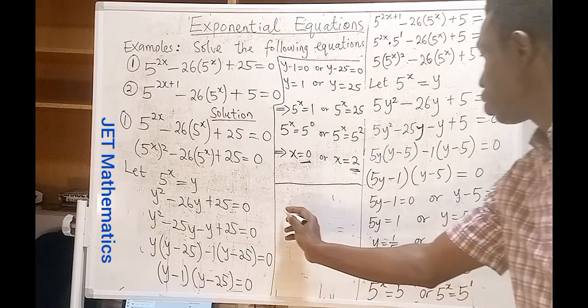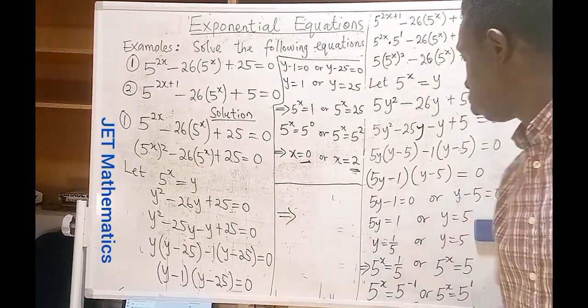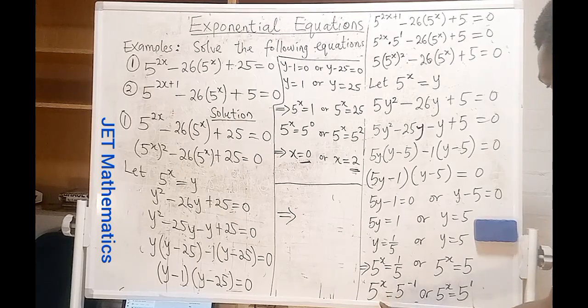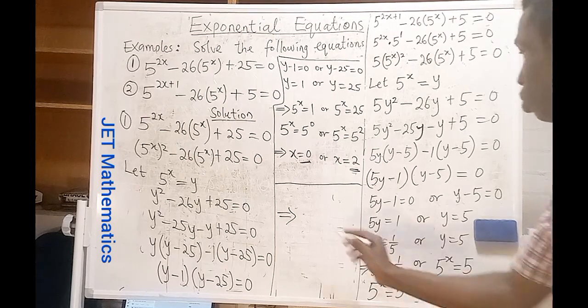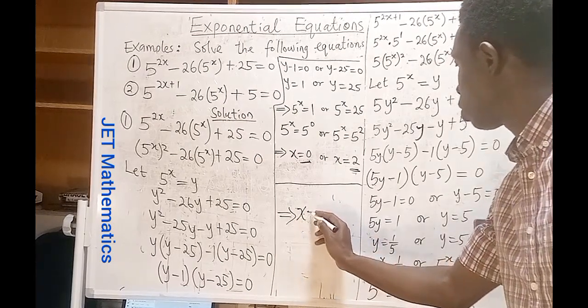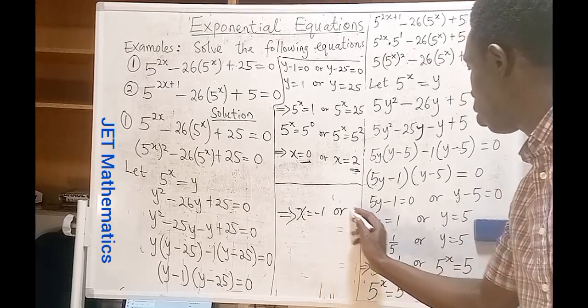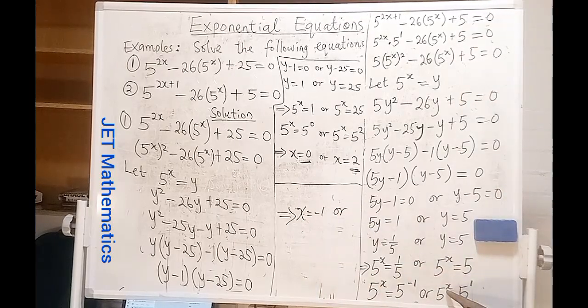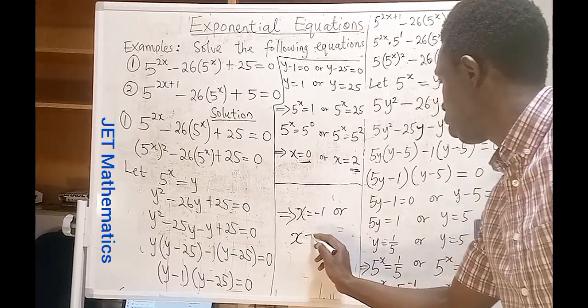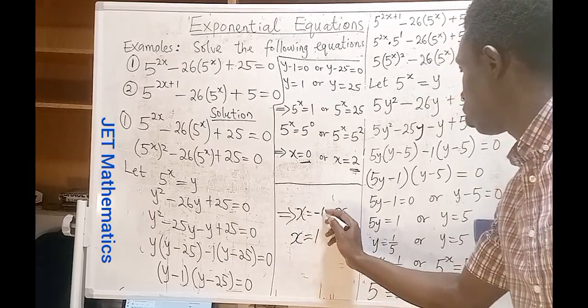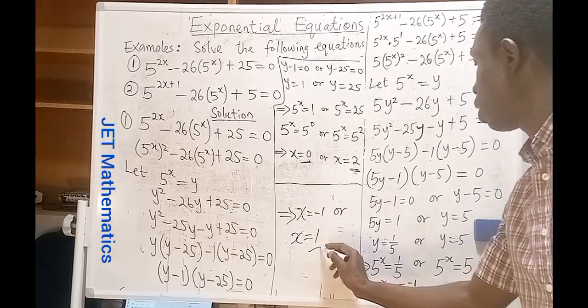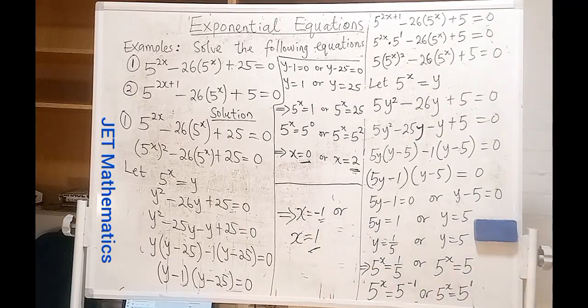By implication, since here is 5 and here is 5, x will be equal to minus 1, or by implication x will be equal to 1. So these are the answers to this question.